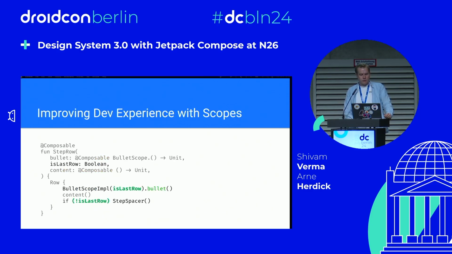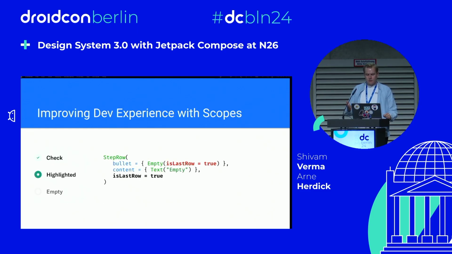Combined with the implementation of the step row, where we already have this last row Boolean, we can just provide it to the instantiation, and this way we only have to provide this parameter once. So this is the implementation.